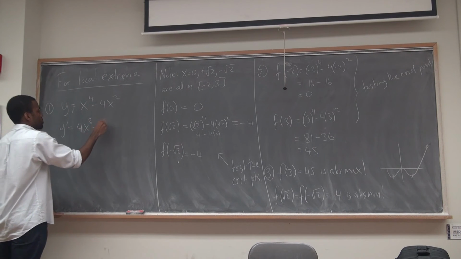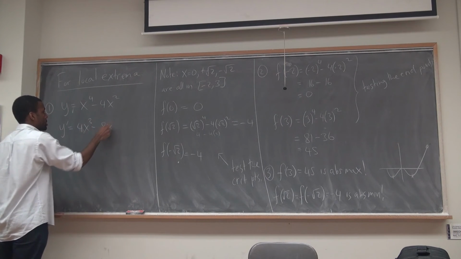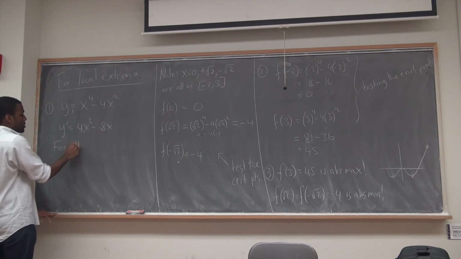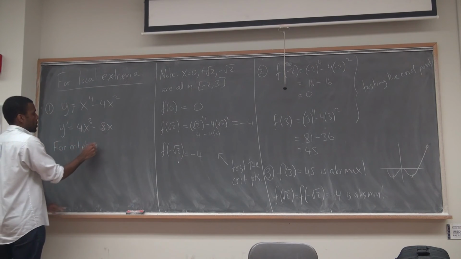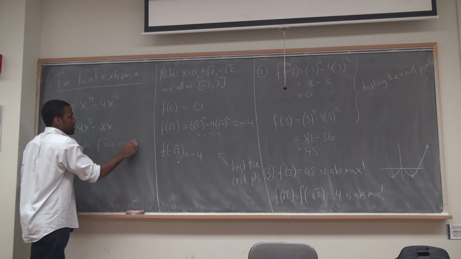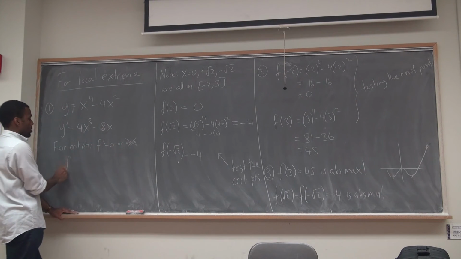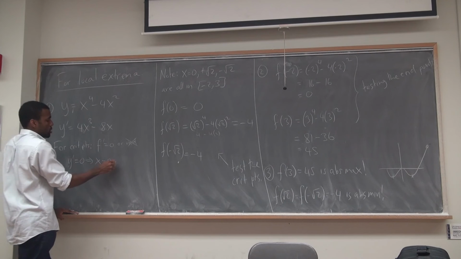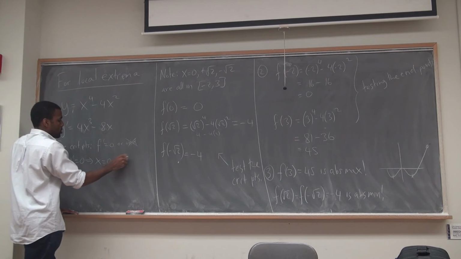And then you find the critical points. So you know f prime must be 0 or undefined. This does not occur, but we know that if y prime equals 0, you actually did this already, x would be 0 or plus or minus radical 2.